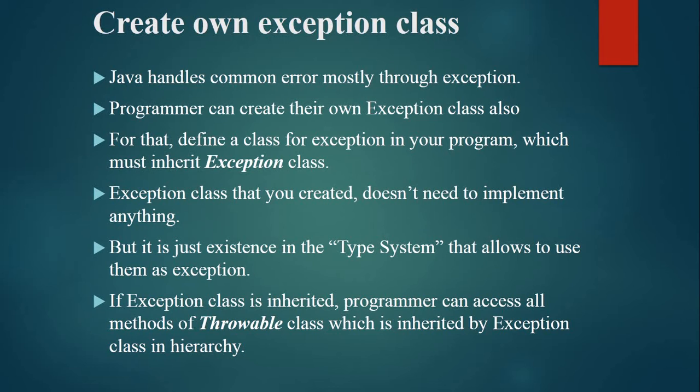The exception class that you create doesn't need to implement anything, meaning there will be no interfaces there. But its existence in the type system allows us to use it as an exception. As the exception class is inherited, the programmer can access all the methods of the Throwable class, which is inherited by the Exception class in the hierarchy.